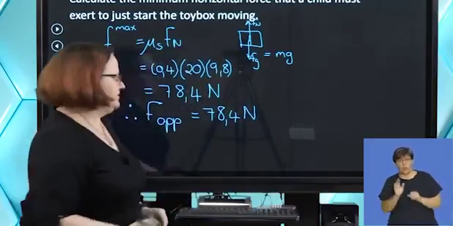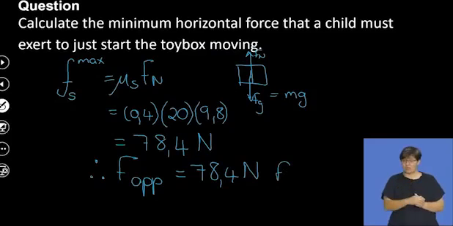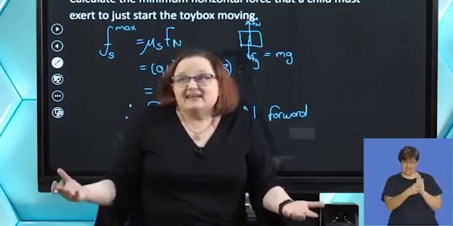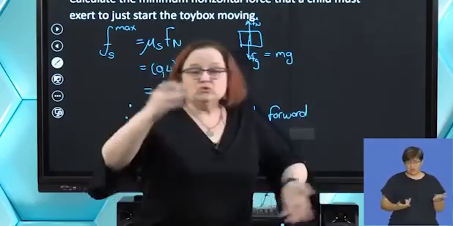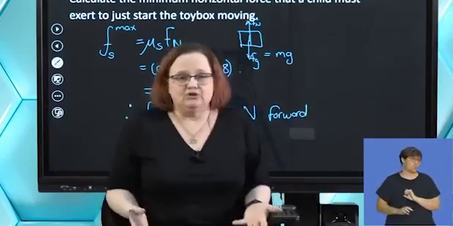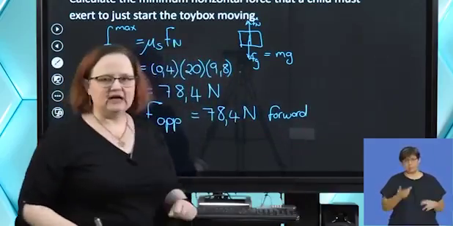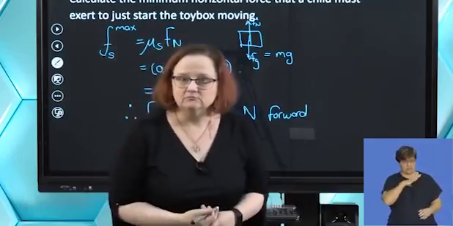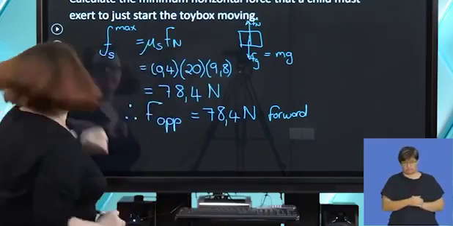What I can tell you though is this needs to go in the forward direction. That's as good as it can get for direction here, because I don't have a diagram. If they had said pushing it west or south or east, then I could do that, but they didn't. Forward's fine. Forward's a direction. Okay? We all good? All right.